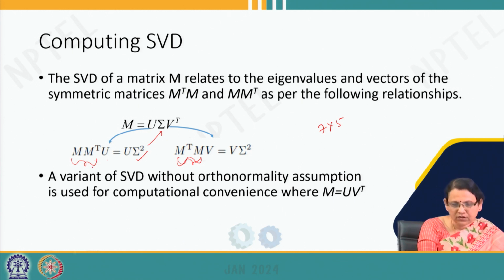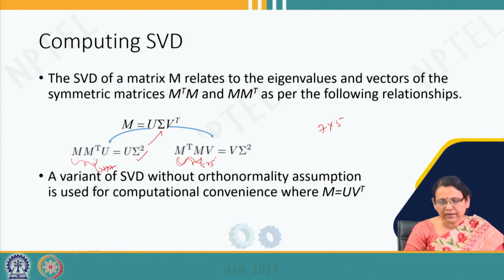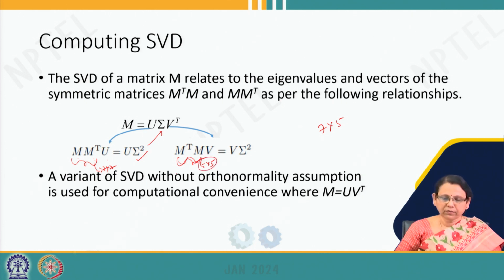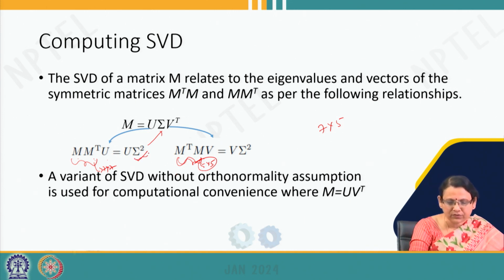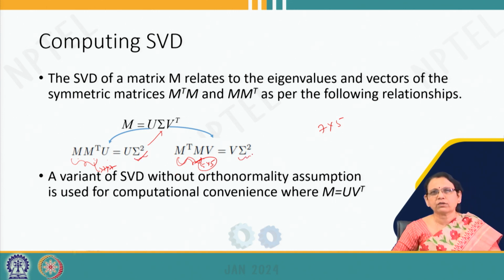So, M M transpose is a 7 cross 7 matrix, and M transpose M is a 5 cross 5 matrix. Of course 5 cross 5, because this is actually the covariance matrix and you had 5 distinct dimensions. In both the cases, you can see the sigma is actually the same.